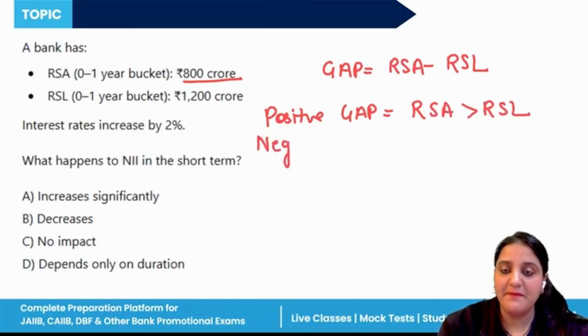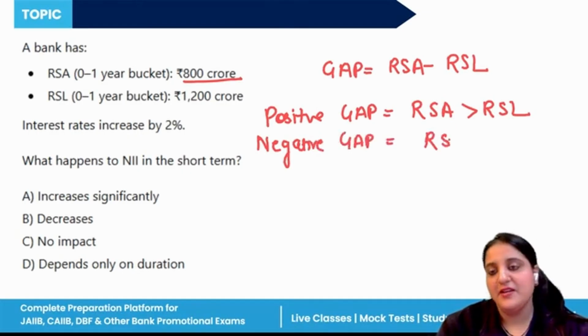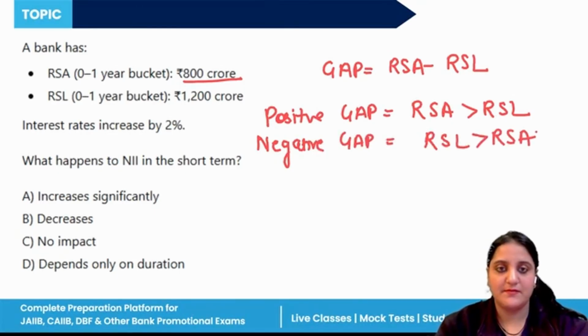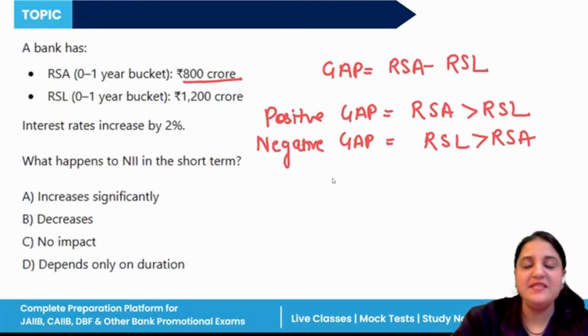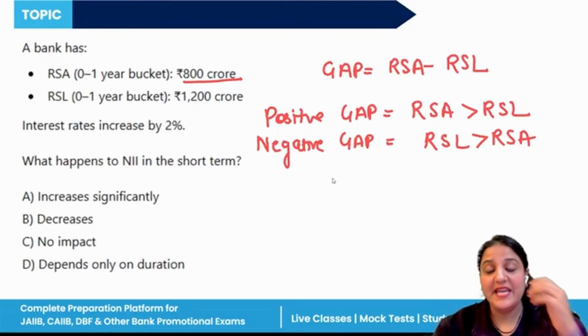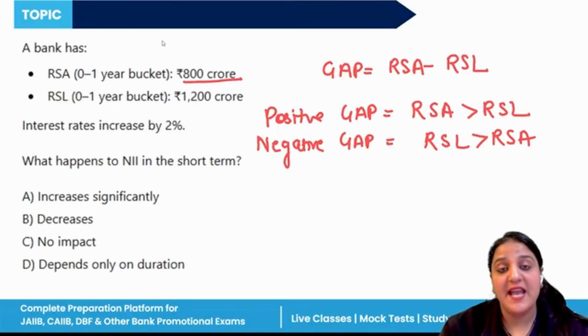What is a negative gap? A negative gap is when rate sensitive liabilities are greater than rate sensitive assets. So in the given question, if interest rates rise with a positive gap, NII increases. If interest rates rise with a negative gap, NII will decrease.